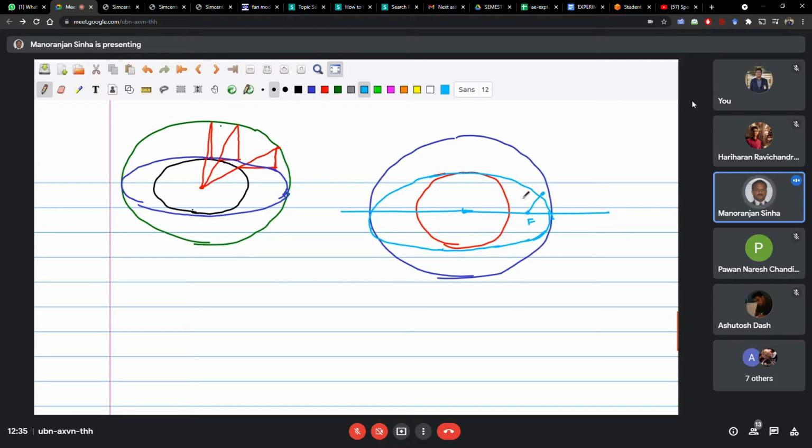So this is your R. Draw a perpendicular here like this.